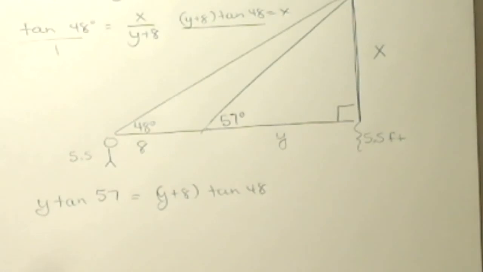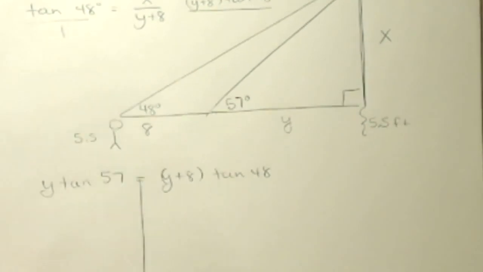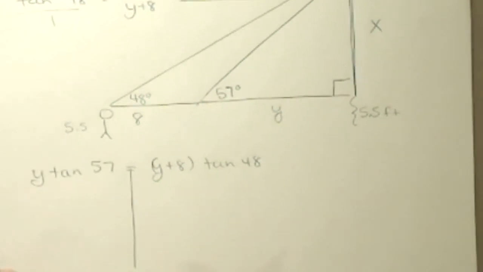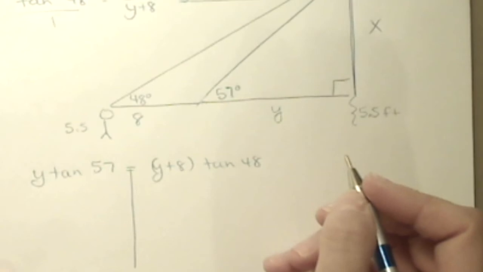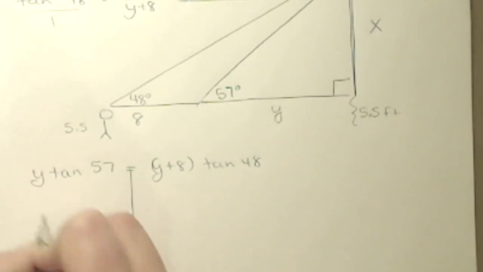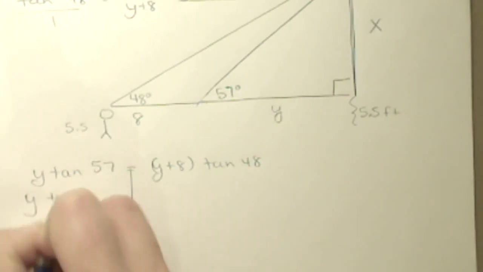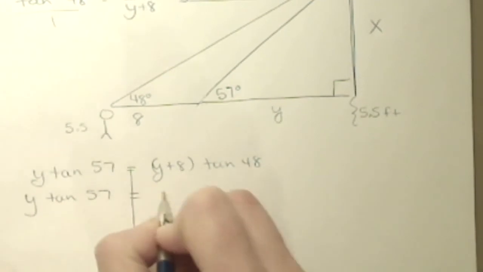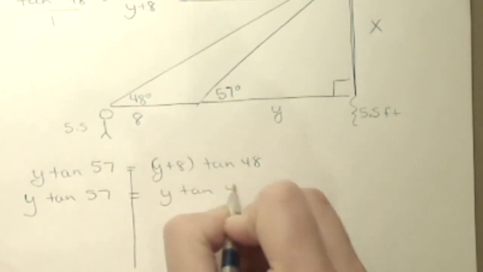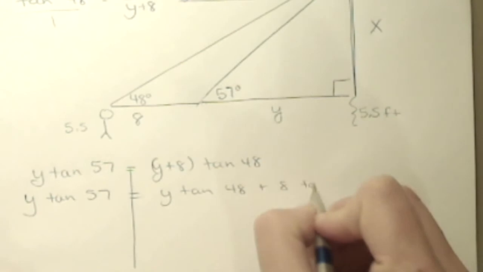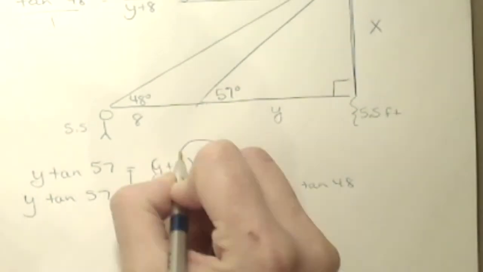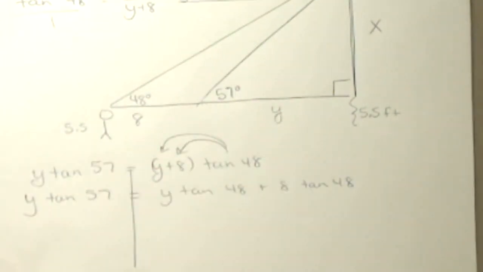If I distribute on the right side, because my goal now is to solve for y, just like in a linear system, solve for one variable and then substitute it back in to get the other, but we have a tangent system. y tangent 57 is equal to y tangent 48 plus 8 tangent 48, distributing the tangent 48 through the parentheses.